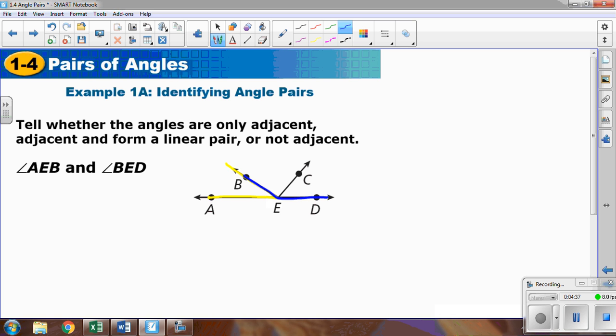Yes, they are. These are adjacent angles. Are they adjacent and forming a linear pair? Yes, they are creating a line along the bottom. They are adjacent angles and they form a linear pair.